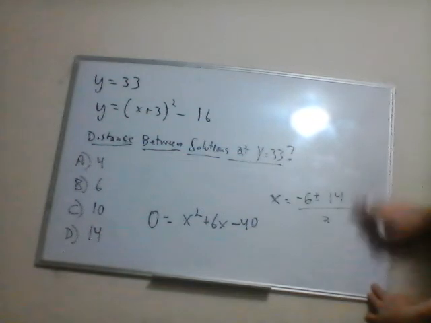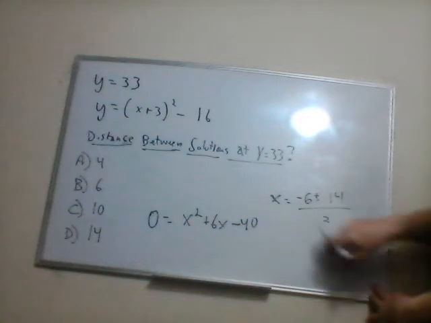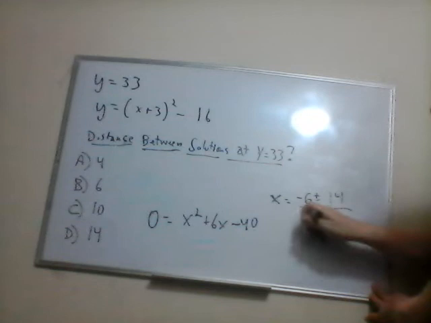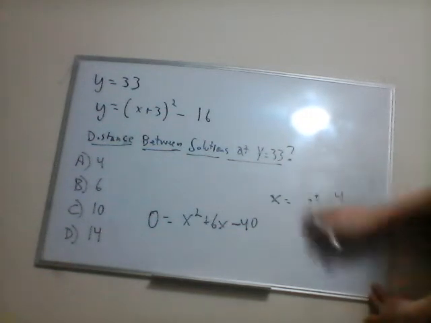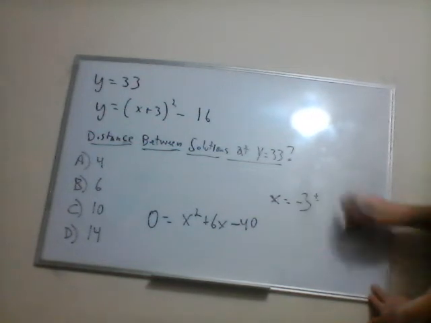From there, each of these is reducible by a factor of 2. I'll put the 2 over each of them. Minus 6 becomes minus 3 plus or minus 14 over 2, which is 7.